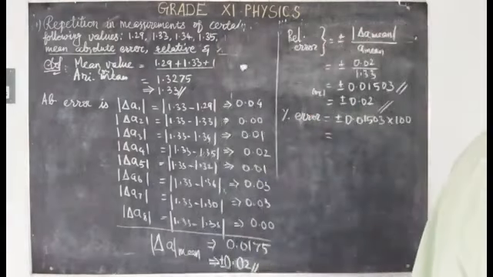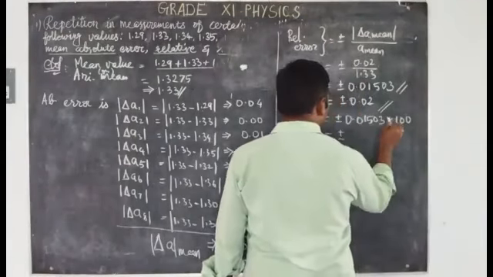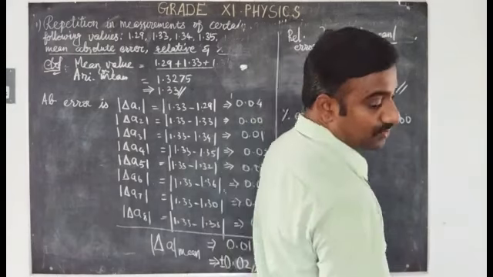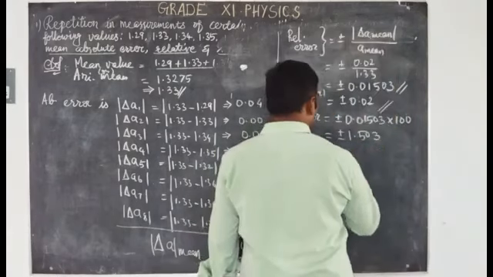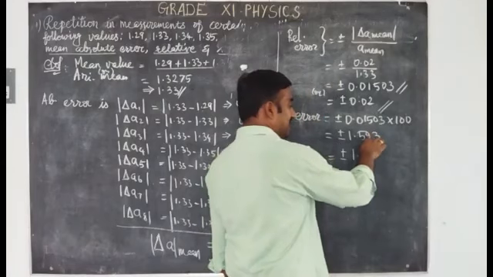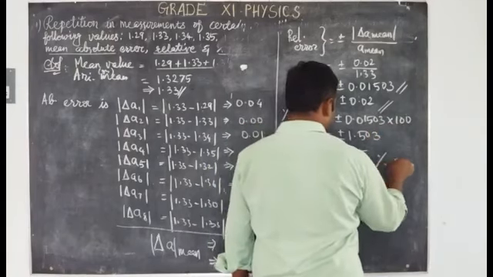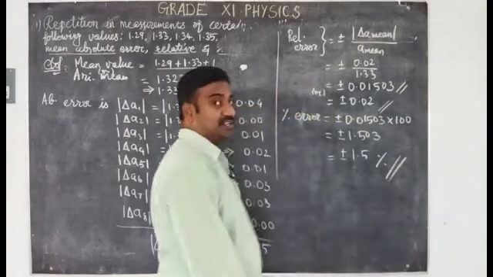So by saying this in percentage, we multiply. So plus or minus 1.503, which, as usual, we round off to the second decimal. This is less than 5, so it vanishes. So 1.5%. So we have calculated the percentage error also.